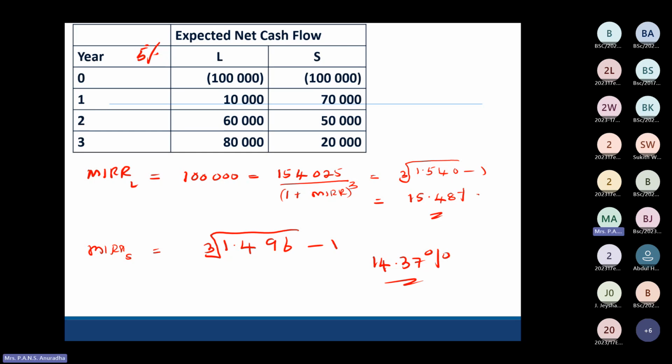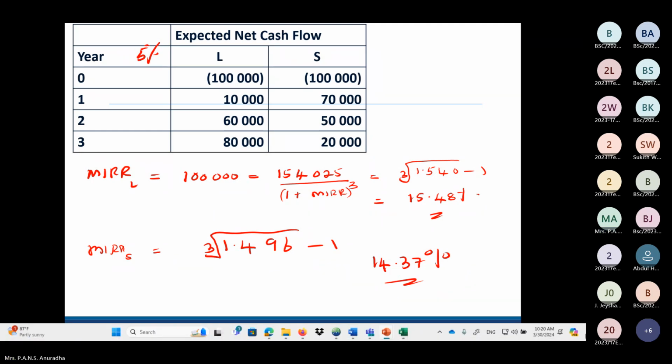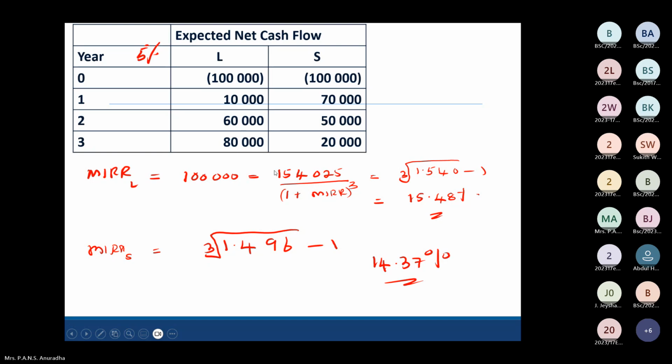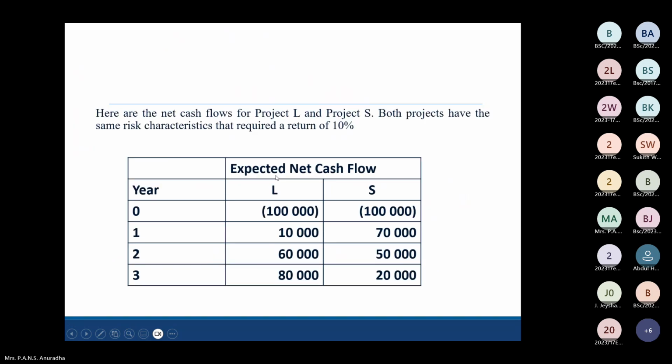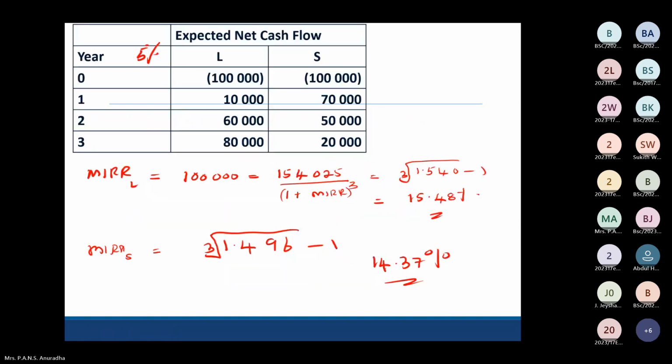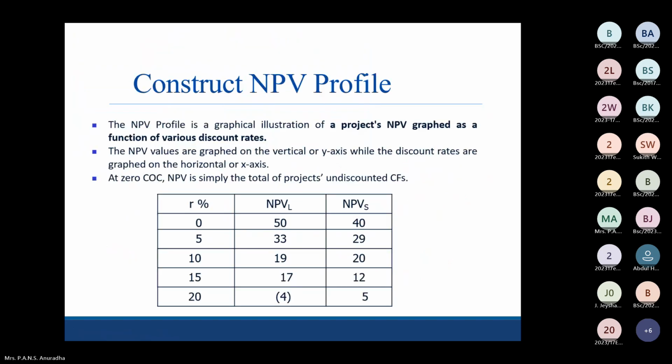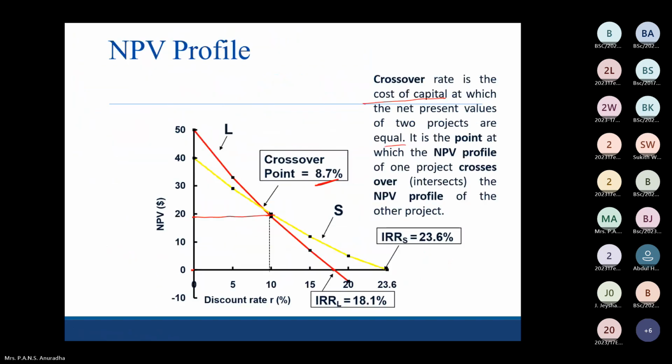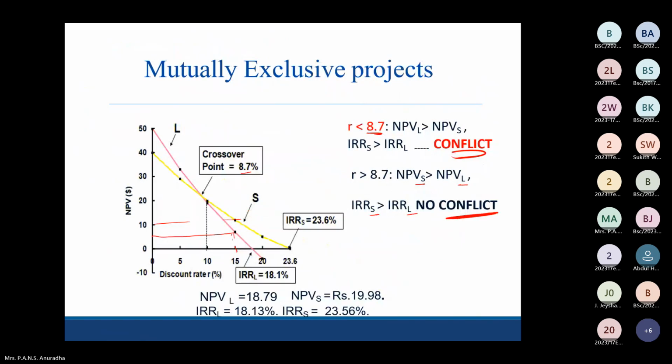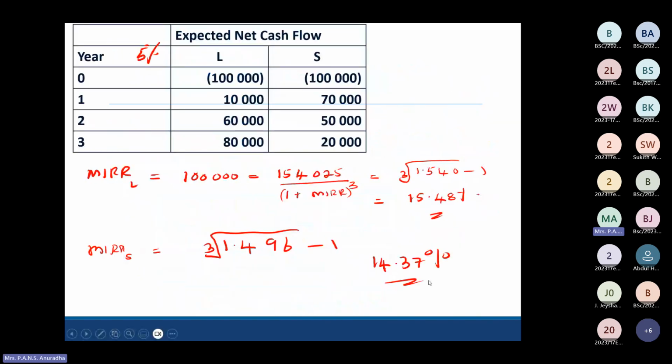MIRR for the project at 5% cost of capital level. Is it 14.37%? Did you get this? 14.37?